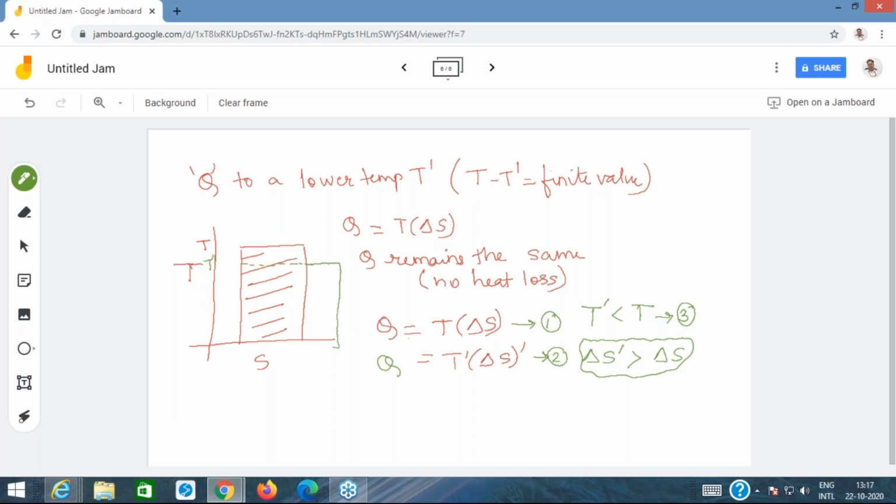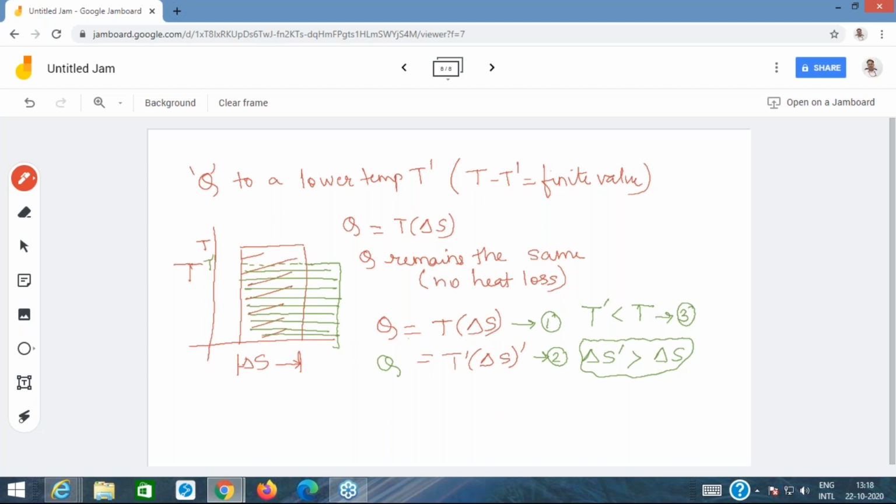This green rectangle represents the heat transfer Q. Now let me again use the red pen. Let me show you with delta S and delta S dash. So this is delta S, let us say.